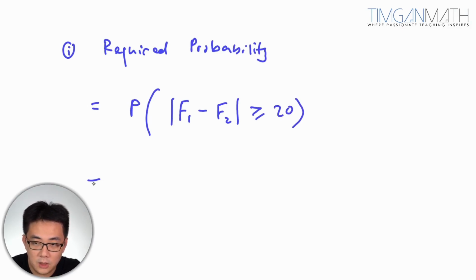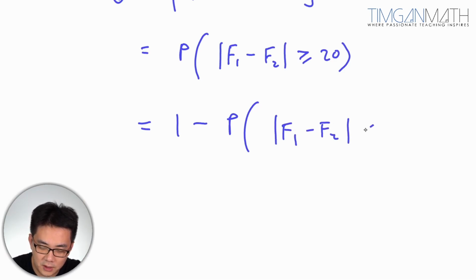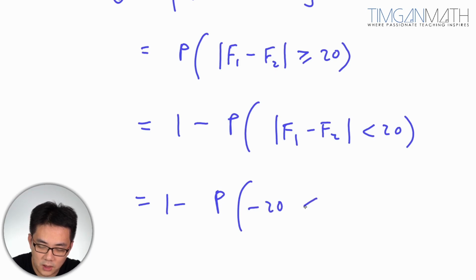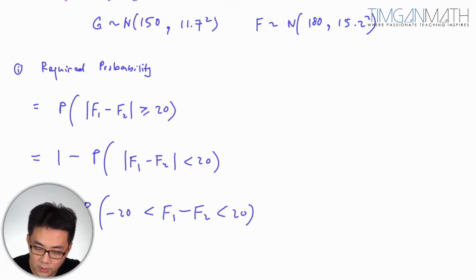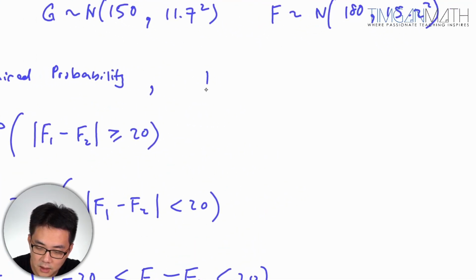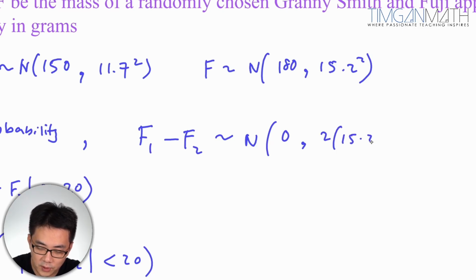If you were to do this properly, this is 1 minus P of F1 minus F2 less than 20, that is 1 minus P of minus 20 less than F1 minus F2 less than 20. So we know that F1 minus F2 has mean 0, and the variance will be twice of 15.2 squared.